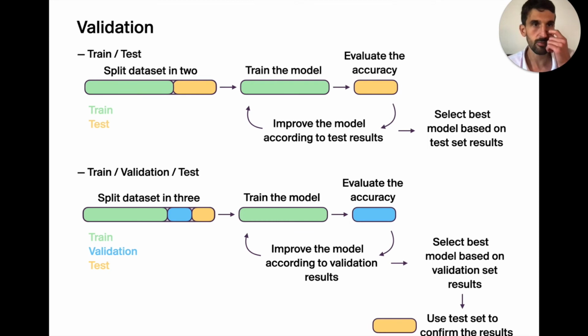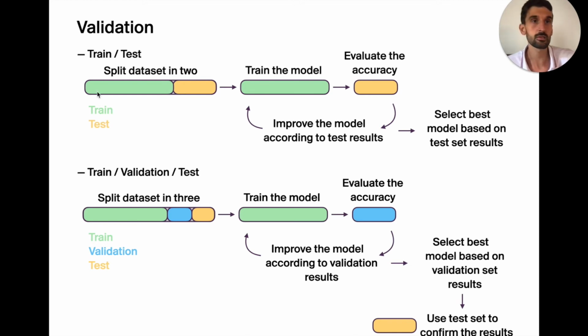Once we have identified our features of interest and our algorithm of interest, and we have fitted our parameters, it's very important that we validate our model, that we make sure that the model is going to work well with new data. And usually the trick that we use in machine learning is to split our data in a training set and a test set.